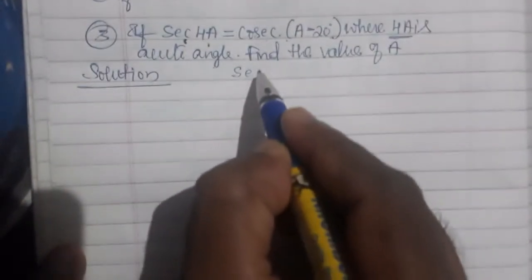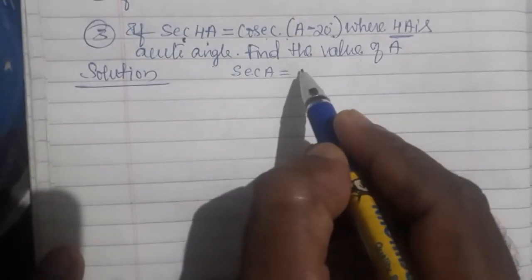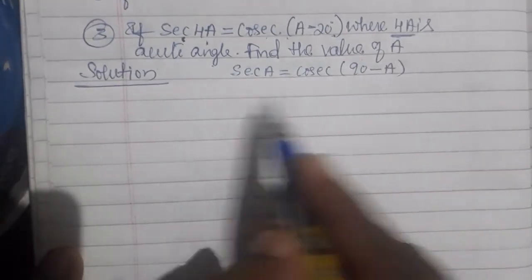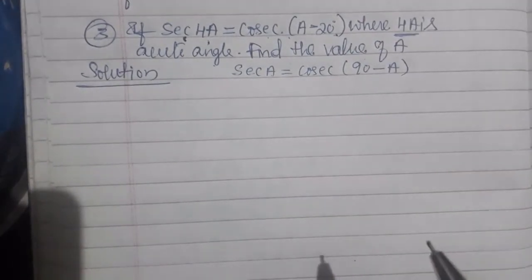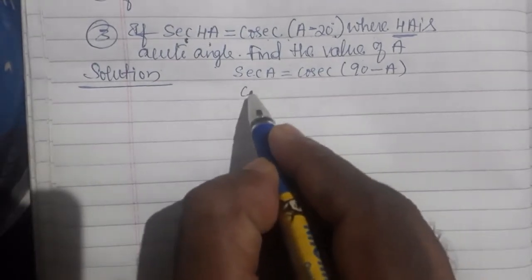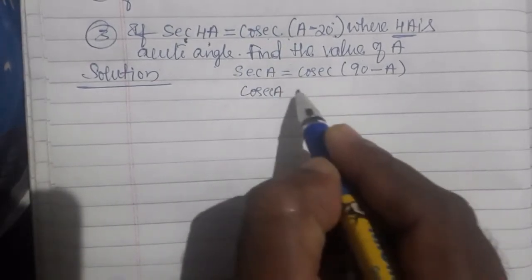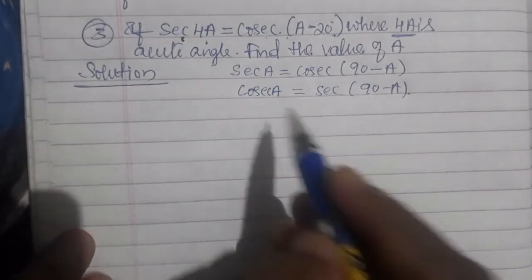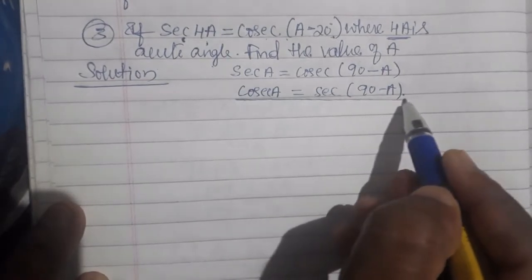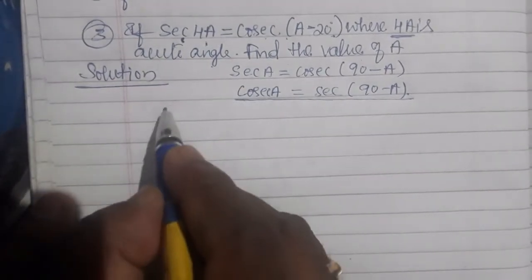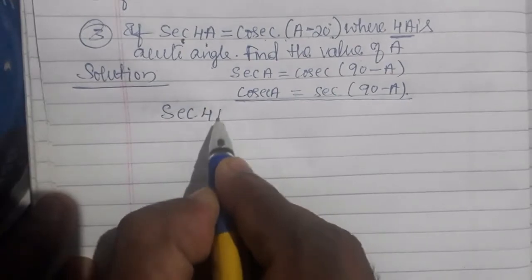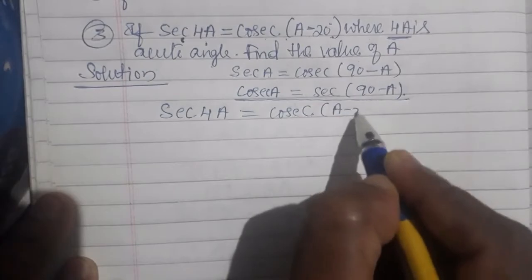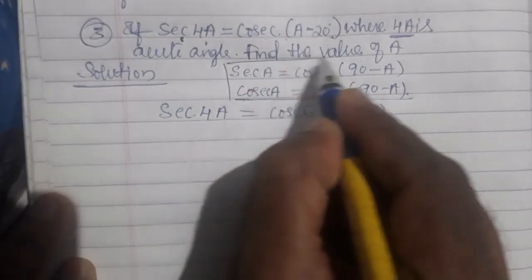We know that secant A will be equal to cosecant 90 minus A. Otherwise, cosecant A will be equal to secant 90 minus A. So I'll be using this ratio. Take the question: secant 4A is equal to cosecant A minus 20 degree. This is the ratio I am using.